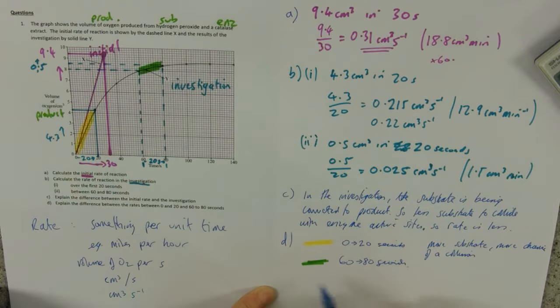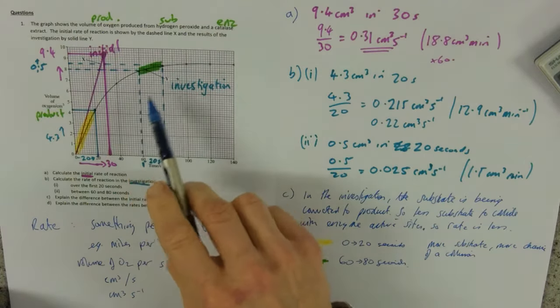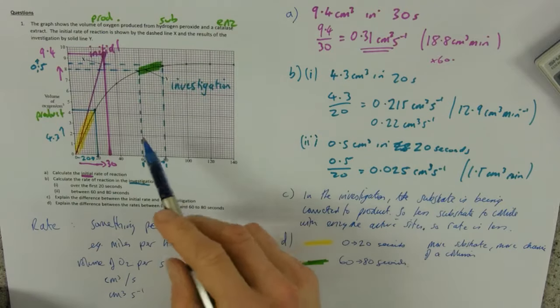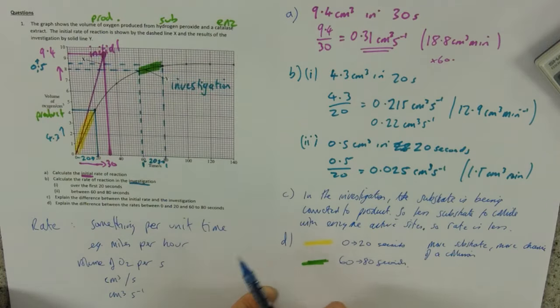And then at 60 to 80, there's lots of product hanging around but not much substrate now. So the chance of a substrate colliding with an enzyme active site is reduced.